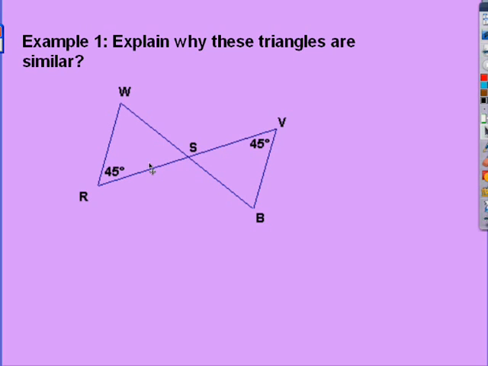Alright, our first example. Explain why these triangles are similar. Go ahead, copy everything down, including that picture.